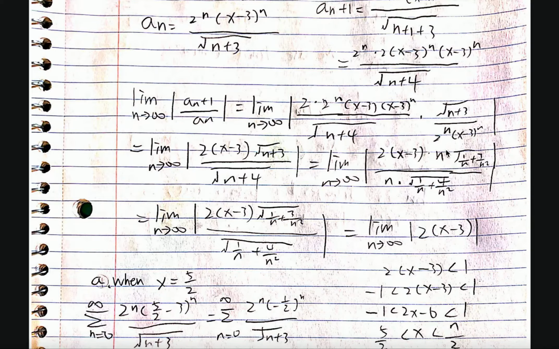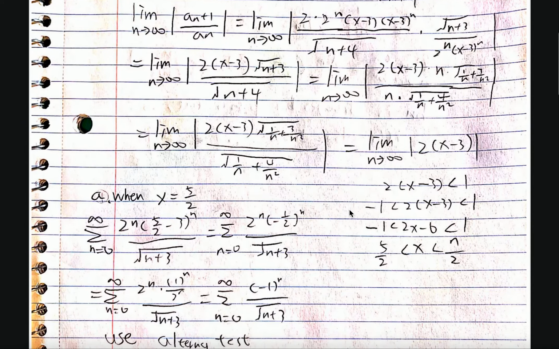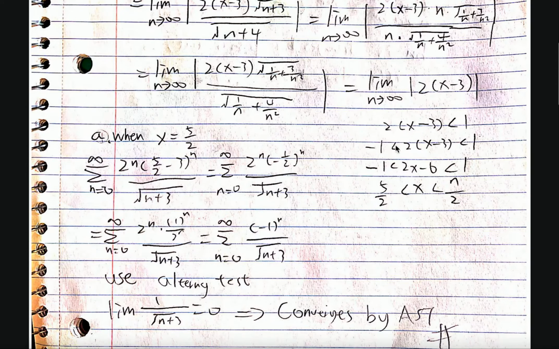So finally, we got the limit as n approaches infinity of the absolute value of 2 times (x minus 3). Then we got 2 times the absolute value of (x minus 3) less than 1.